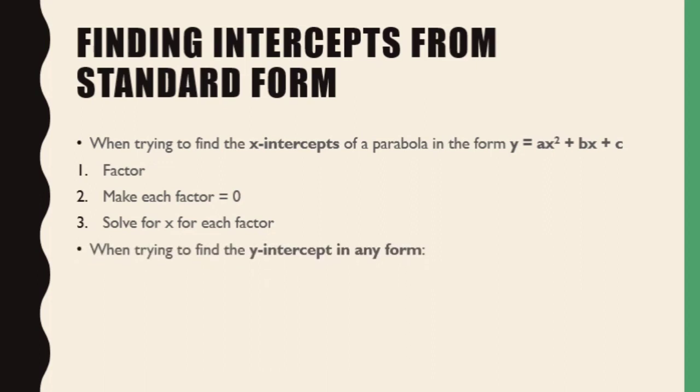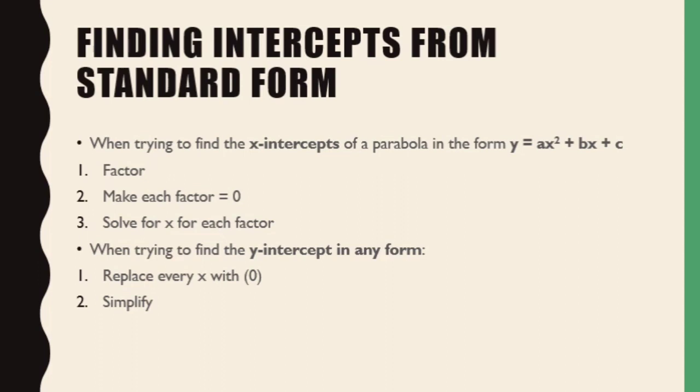When trying to find the y-intercept in any form, you're going to end up replacing every x with 0, and then you just need to simplify. What this means is that when I plug in 0 for x, I'm going to end up with a times 0 squared plus b times 0 plus c.